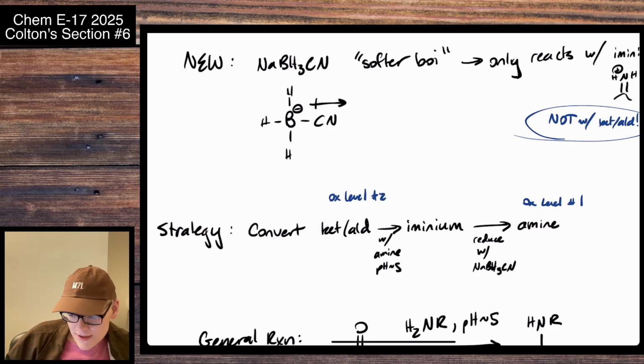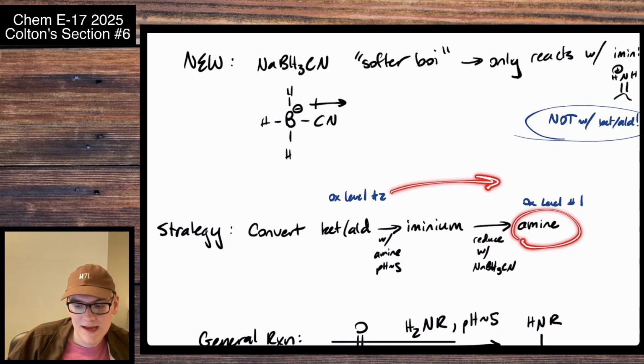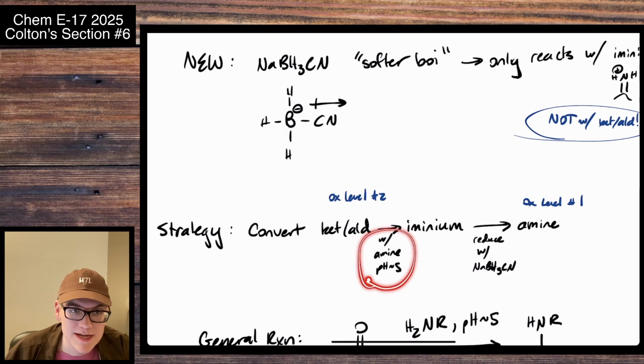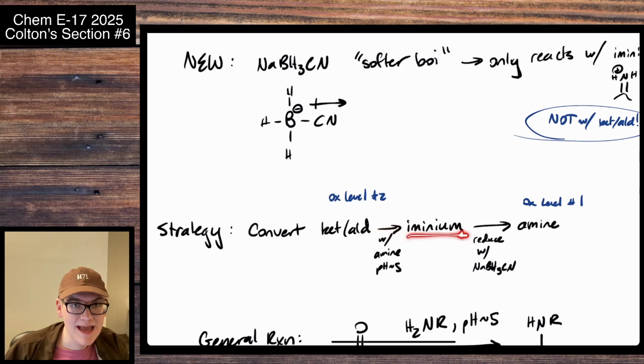So we both want to make an amine and reduce. First, we use our aminium formation reaction, the full reaction we've already seen, to turn it into an aminium, and then we use this new softer reagent to reduce our aminium down to an amine.